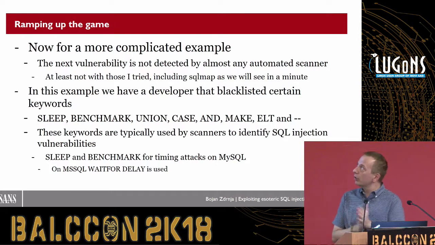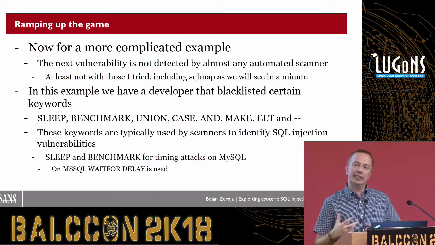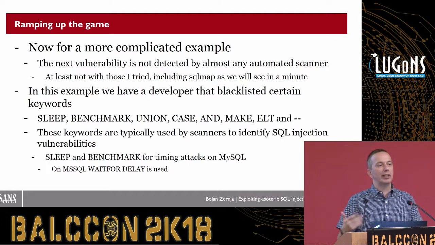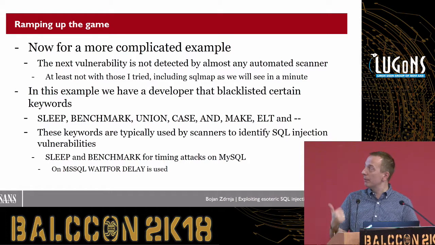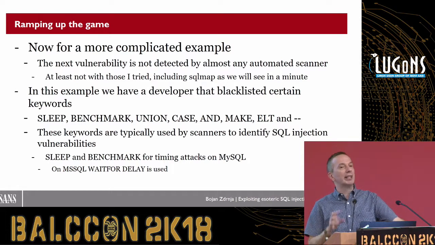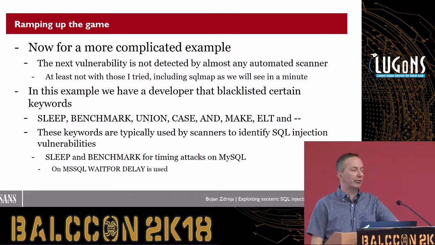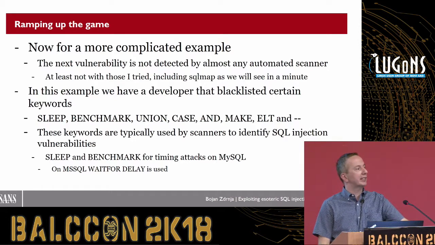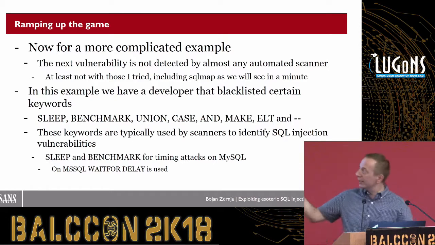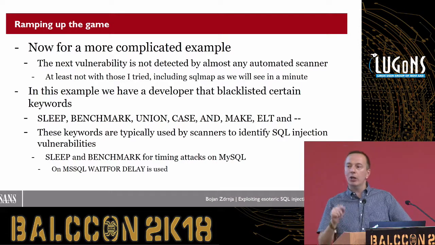So for the more complicated example, let's say that we've performed the fingerprinting, so we know exactly which database we are dealing with. But in the examples here, as I said, we will have a developer or a web application firewall that actually blacklisted certain keywords. By blacklisting these keywords, we make exploitation much more difficult for automated tools.